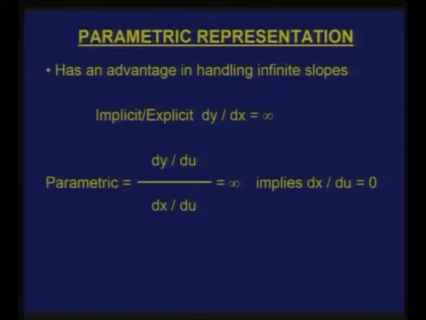If I am using a parametric representation, you are taking two components separately. Whatever dy by dx you are trying to represent, you are splitting as dy by du divided by dx by du. Whenever the slope becomes infinity, dx by du becomes 0. 0 is a number which can be handled easily in programming languages.